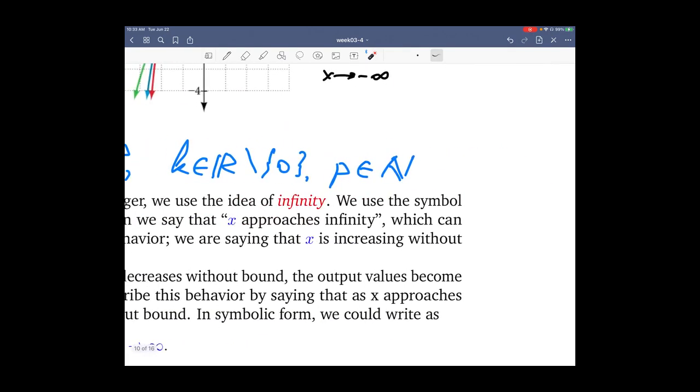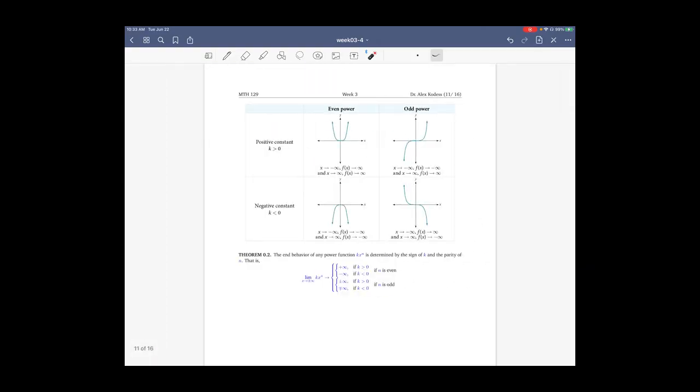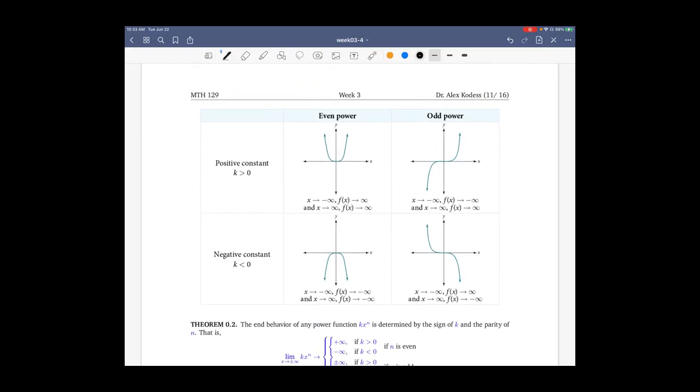So let me remind you again that this is k times x to the power p. K is a non-zero real number. p is a positive integer. And so depending on whether p is even or odd, and whether k is positive or negative, we have the following type of end behavior.